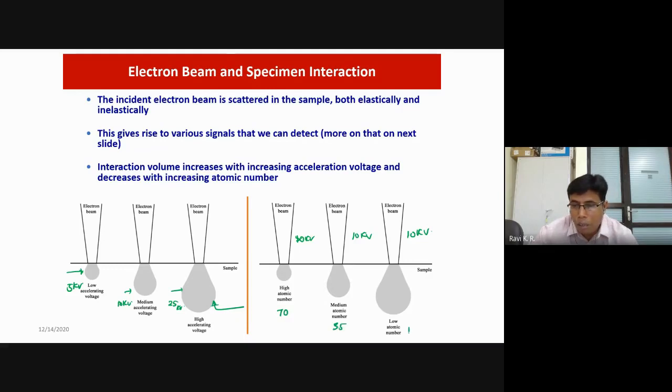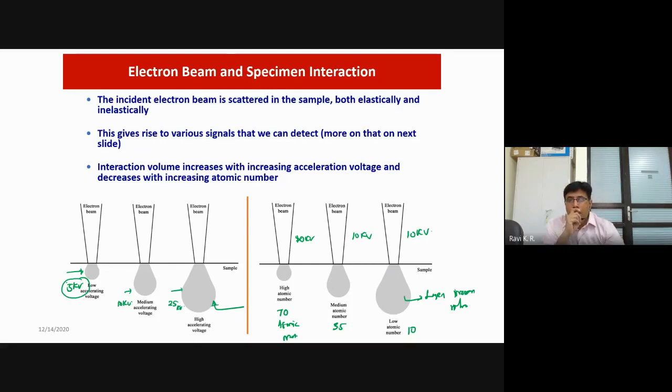This region has atomic number 10. So the material which has the lower atomic number is going to have a larger interaction volume. This also gives you a clue that depending on the material, your optimum voltage is going to change.